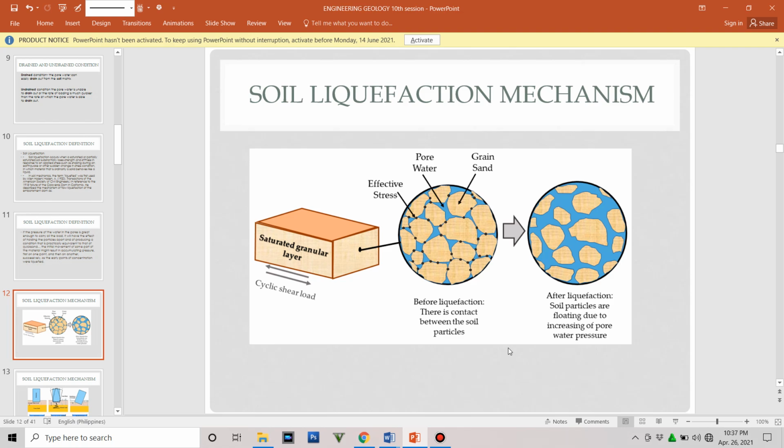So that is why the soil material will be liquefied. So when we say liquefied, it will flow. Okay? Imagine yung lupa nagfo-flow. Ibig sabihin, para na siyang at liquid state. So it is already in the liquid state. Okay?